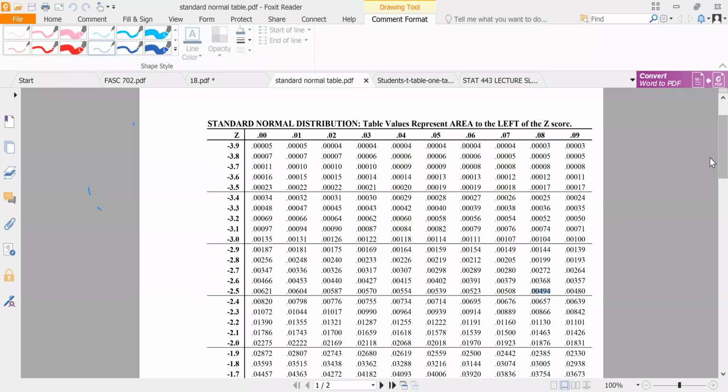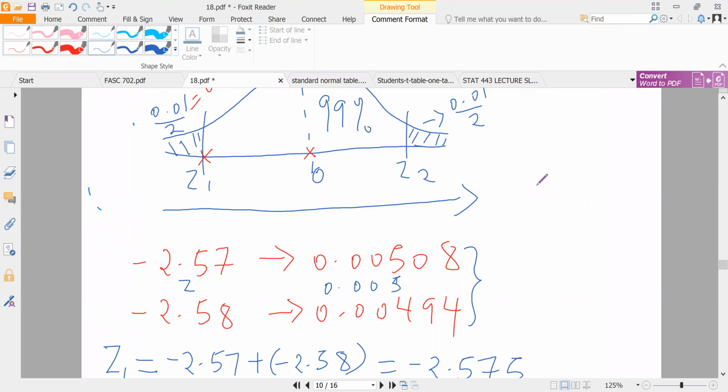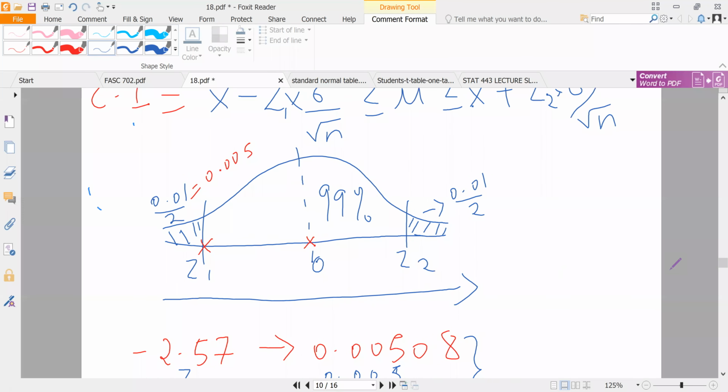Now, just to confirm the value of Z, remember that the accumulated probabilities up to this point where Z2 is are 0.995.